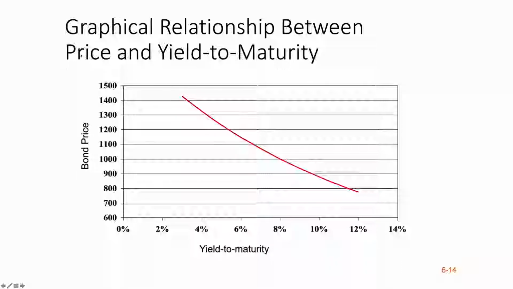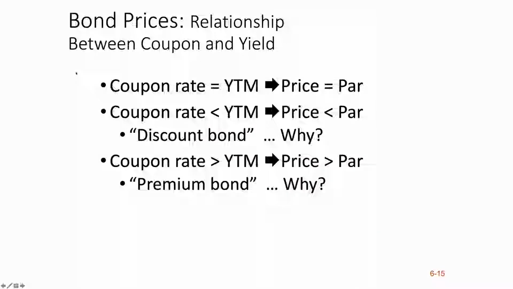Here's a summary of the relationship between coupon rate and yield to maturity. When you issue a bond, you use the current market yield as your coupon rate. In that case, you issue a par bond.